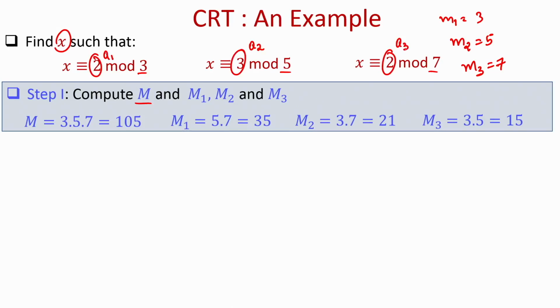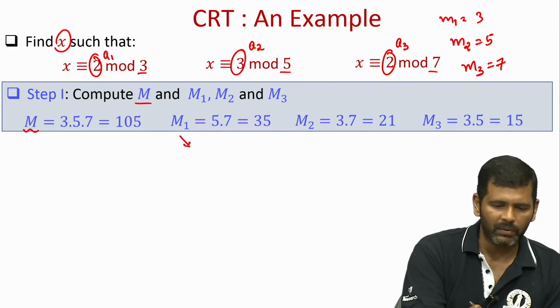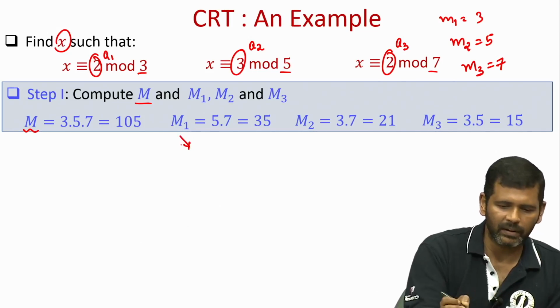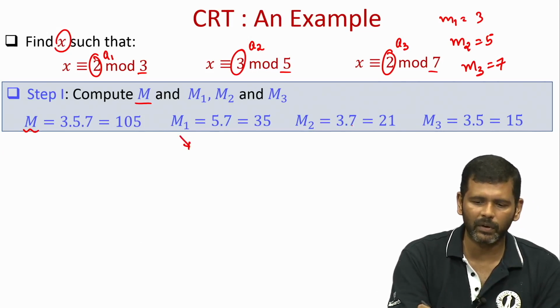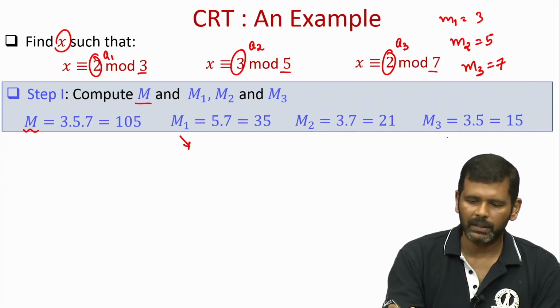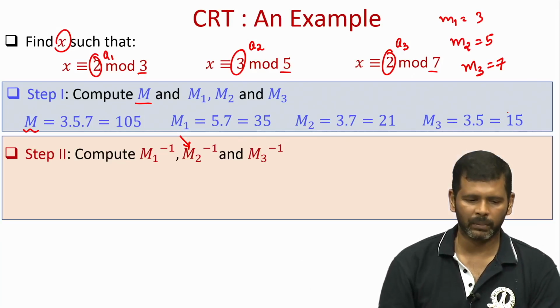Okay. So, my bigger modulus will be 105, capital M1 will be the product of all the moduluses except 3, so 35, capital M2 will be the product of all the small moduluses except 5, and capital M3 will be the product of all the moduluses except 7. So, I found M1, M2, M3.